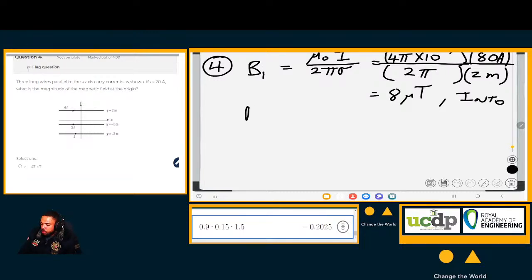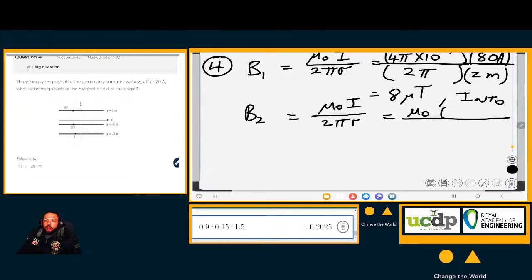Now let's use it for B2, the second current carrying conductor. We use the same formula, same method, just the distance and the current will change. Okay, so here we have mu naught, we know what the value is. Now the current now is 3I, which is 60 amperes.